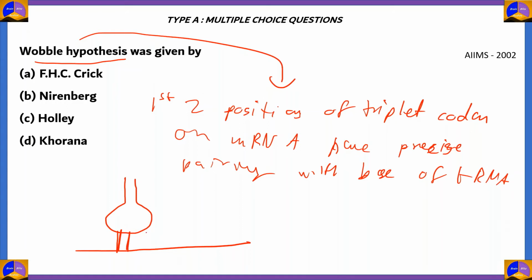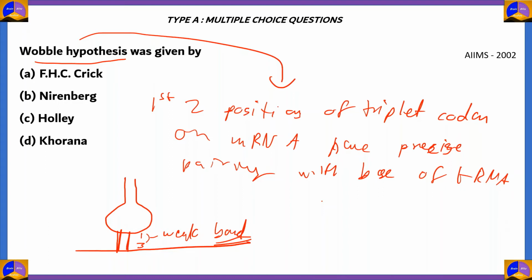But when it comes to the third codon of mRNA and the first anticodon of tRNA, they have a weak bond. And this is the reason why we have a lot of codons coding for one amino acid.